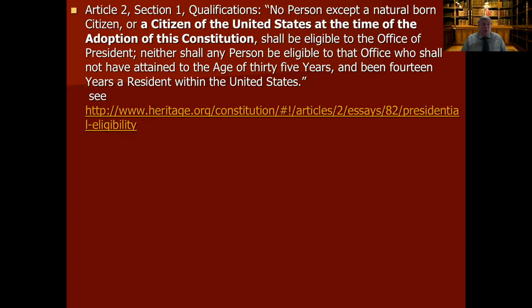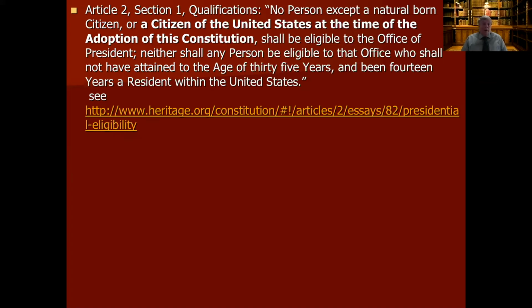Romney, of course, was born in Mexico, but he was born a child of a citizen of the United States. And so he was, by virtue of the fact that his parents were citizens, a natural born citizen, even though he had been born in Mexico.